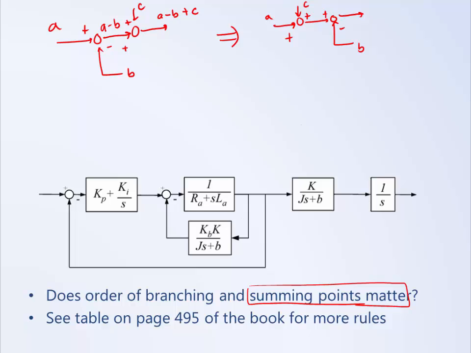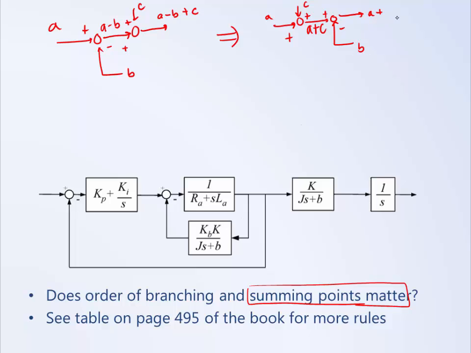So, did changing the order of those summing junctions change the output? Let's take a look. The first summing junction has an A coming in on a positive input and a C coming on a positive input. So the output is just A plus C. And then that signal has a signal B subtracted from it.